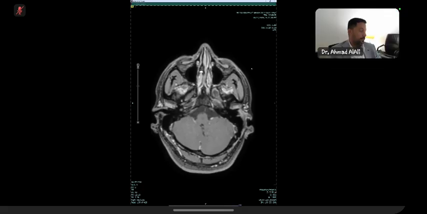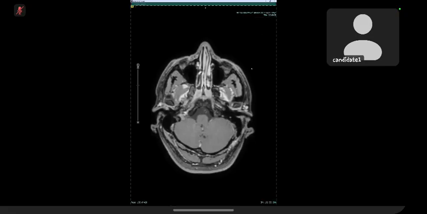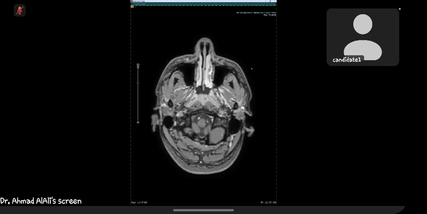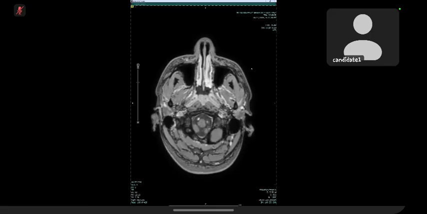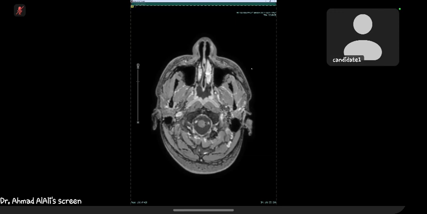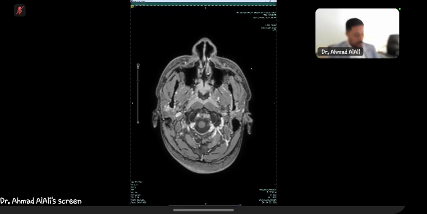Can you tell us if it extends to somewhere else as well? Does it involve other venous sinuses? Can you go through it? Okay. So what's your final diagnosis now?